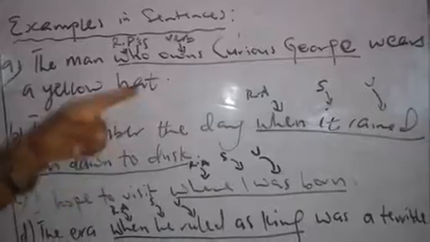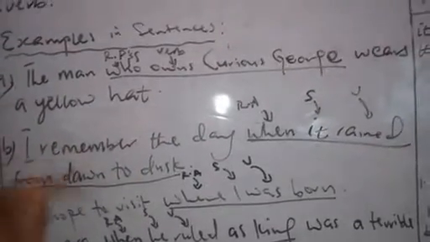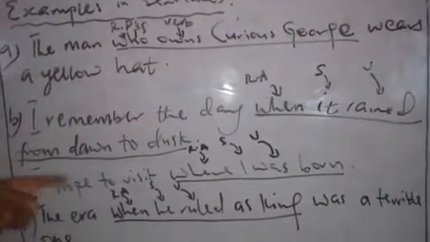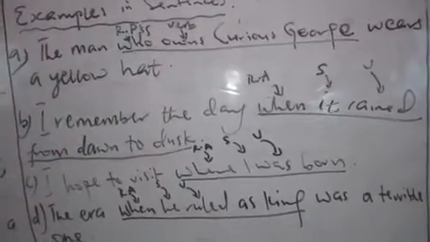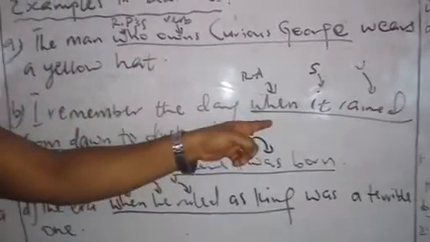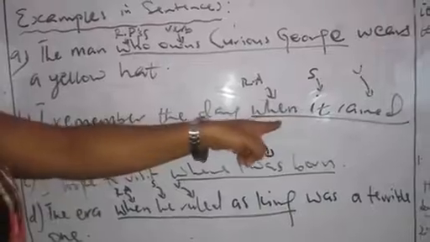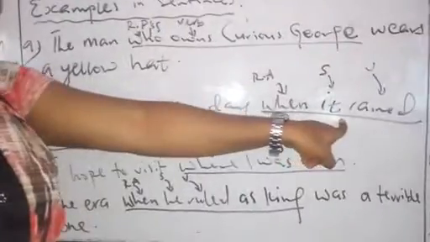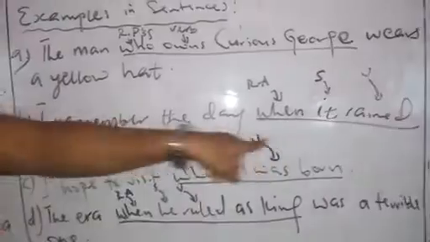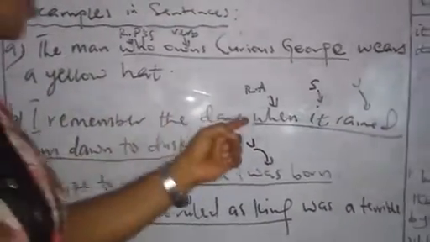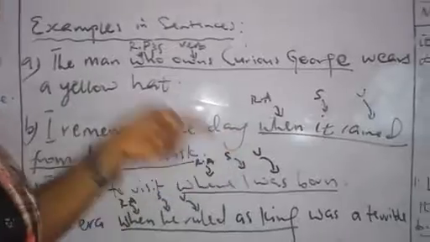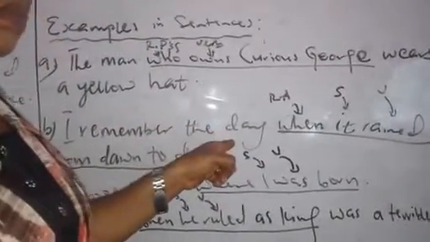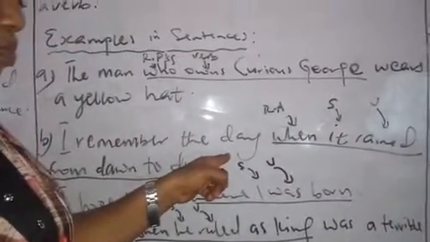I remember the day when it rained from dawn to dusk. When is a relative adverb introducing this relative clause. Why do we call this a relative clause? Because the underlined part is coming immediately after day, a noun.